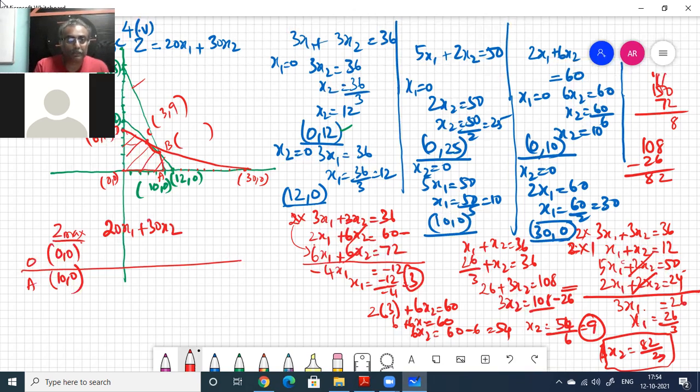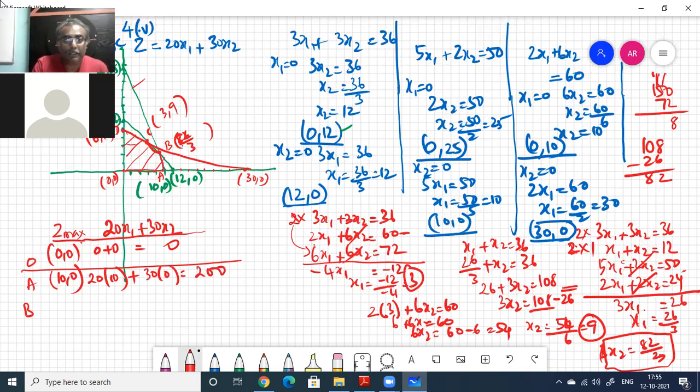At 0, 0, it is 0 plus 0 equal to 0. At A, 20 into 10 plus 30 into 0 is equal to 200. Second one, point B, we are getting 26 by 3 and 82 by 3.